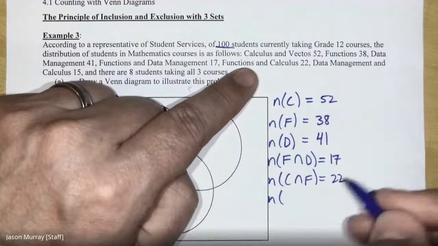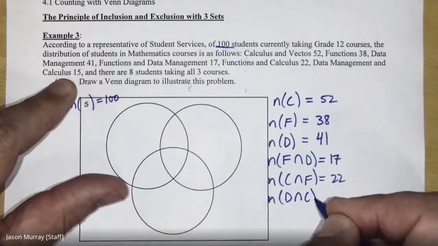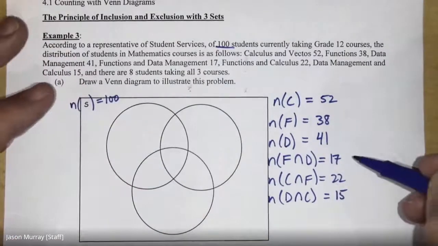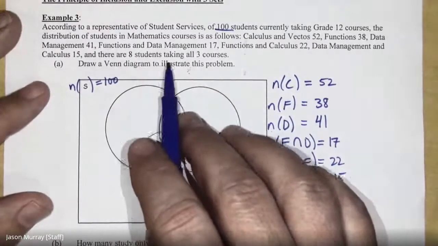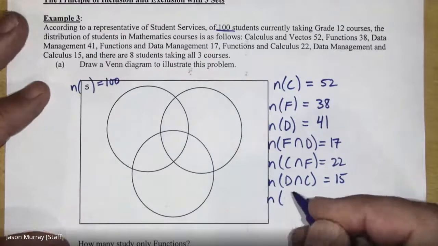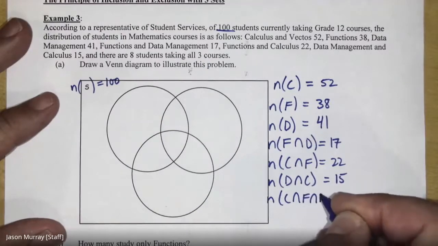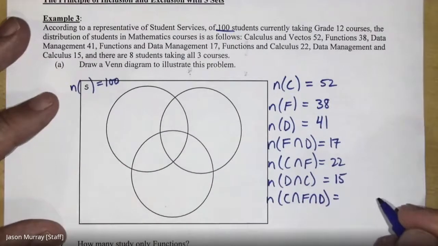And the number in data and calculus is equal to 15. The last thing it says is there are 8 students taking all 3 courses. So we can write that as the number in calculus and functions and data, all 3, is equal to 8.